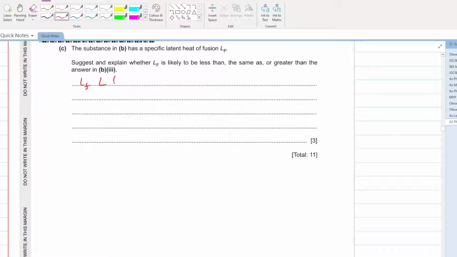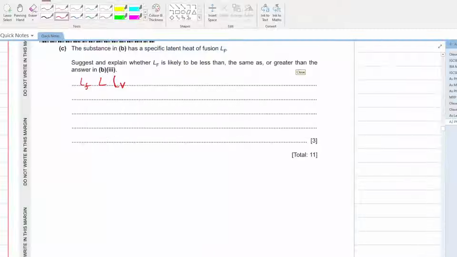Latent heat of fusion will be less than the latent heat of vaporization. Why? Because in the specific latent heat of fusion, a smaller volume change is involved, so you require a smaller amount of energy. Hence, Lf is smaller than Lv. Perfect.